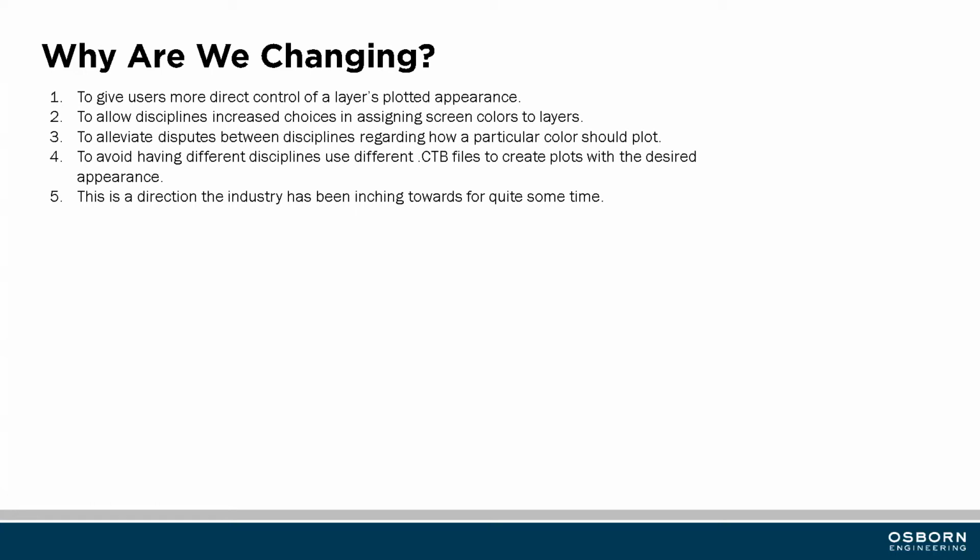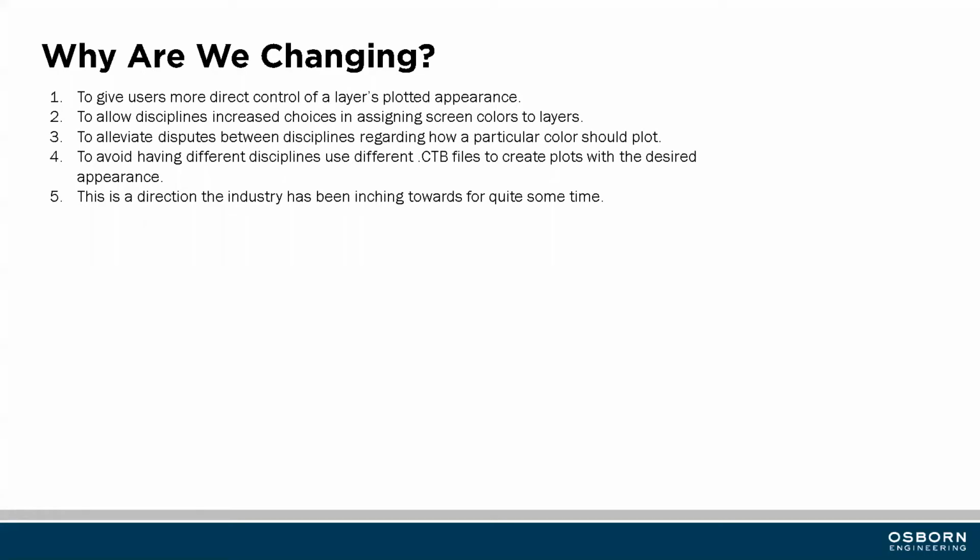Another reason why we're changing is that we want to allow disciplines, especially civil, increased flexibility to assign readable colors to new layers. The way we were doing it, if you needed to create a new layer that plotted with some weird combination of line weight and shading, you had to choose from some crappy, murky reject color that nobody else wanted to use.